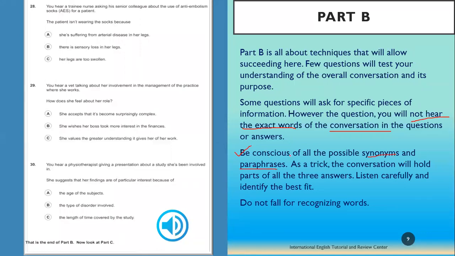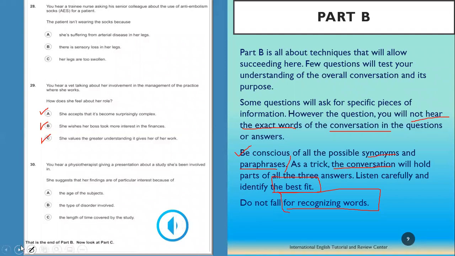The trick is that the conversation will hold parts of all 3 answers. The speaker will mention all of that, but listen carefully and identify the best fit. Do not fall for recognizing words, because most likely that is not the answer.